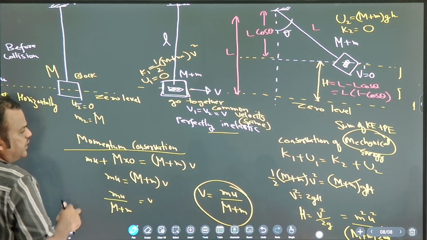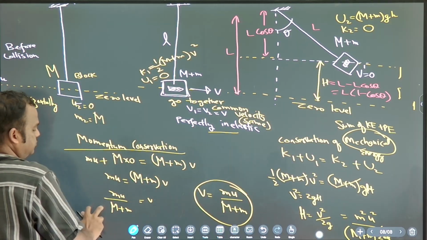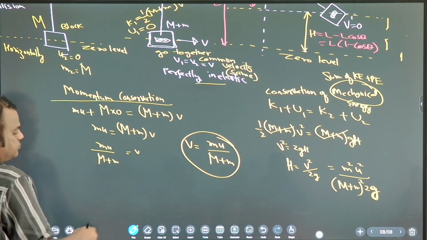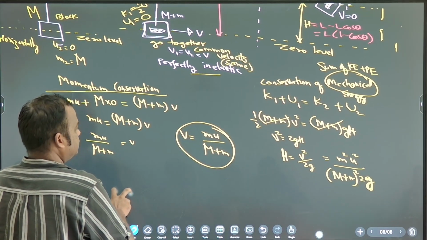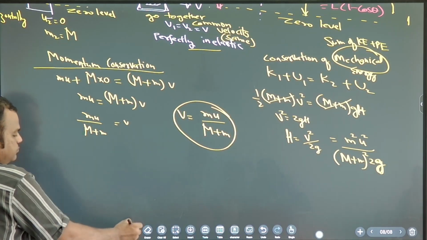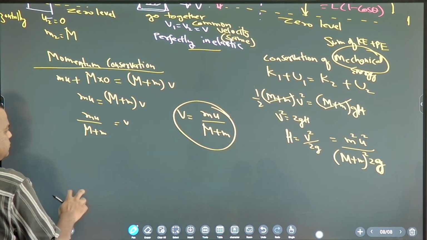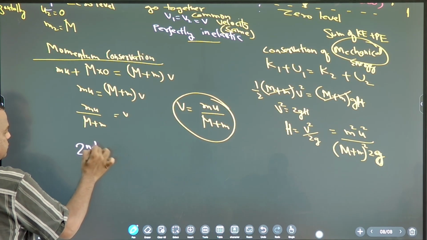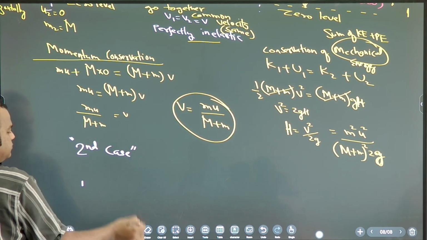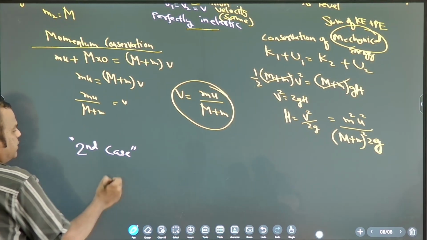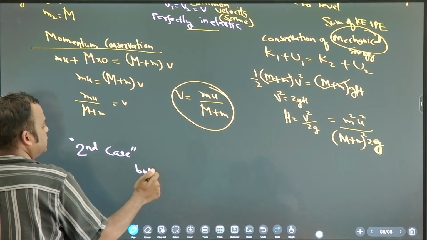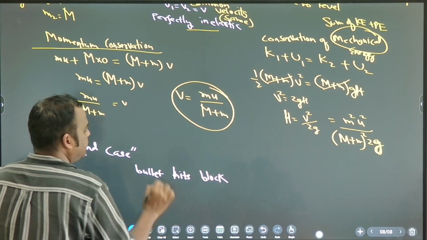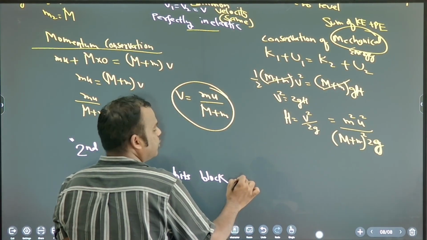Now what is the second case? The first case is embedded. Second case. So what is the second case? The bullet hits the block, but is not embedded, it comes out.